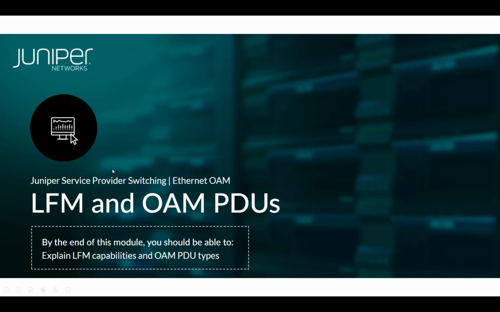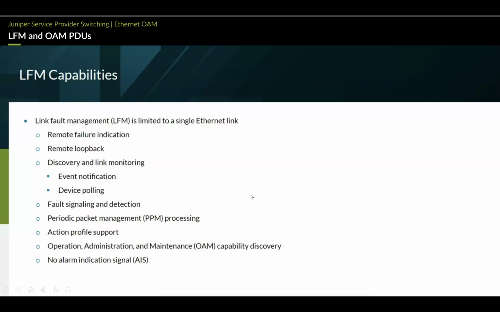So this is the second section, LFM and OAM PDU, protocol data unit. LFM is used for single link failure. Link fault management, LFM, is limited to a single Ethernet link.